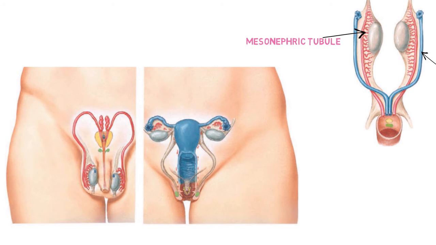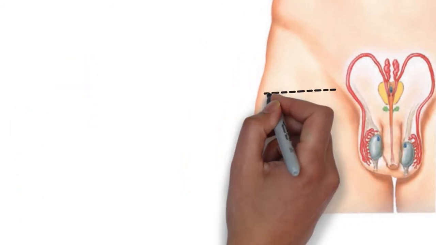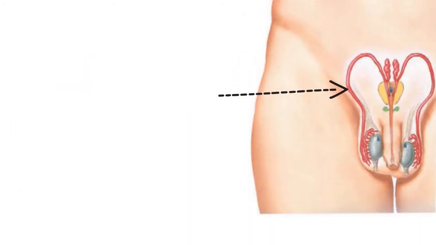These structures are derived from mesonephros. I am talking about the structures which are originating from the mesonephros. I would like to zoom in on the diagram to show you the structures that develop from mesonephros.